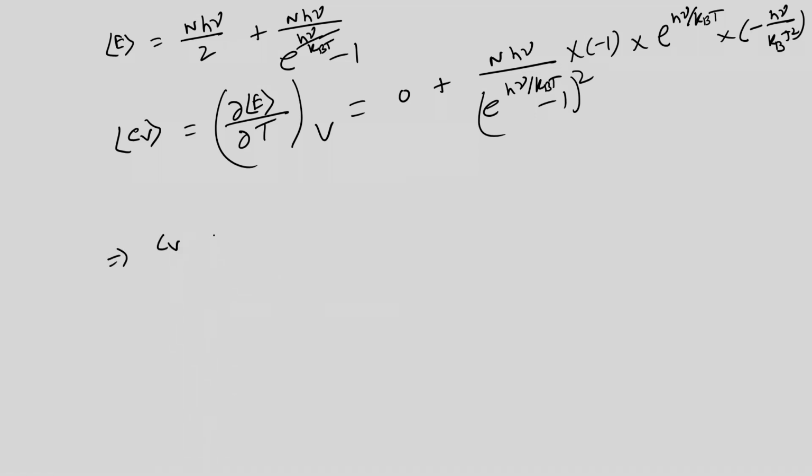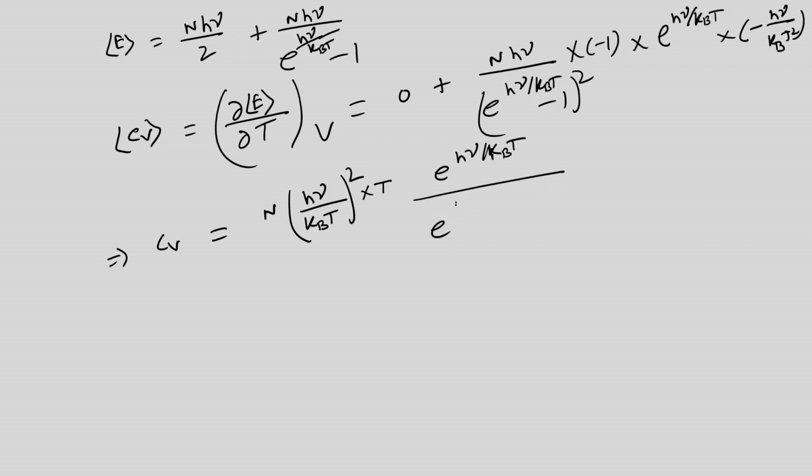So, we get C_v is n (h nu) by k_B squared times T squared, e to the h nu by k_B T by e to the h nu by k_B T minus 1 whole squared.